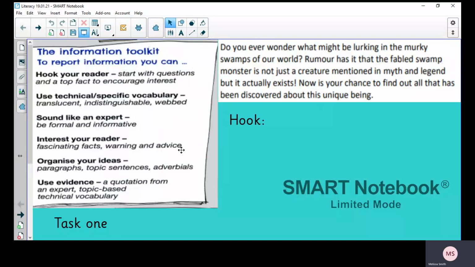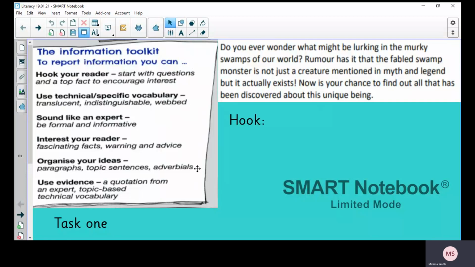The next device is to interest your reader. So we not only want to give them the facts, but we want to do that in a fascinating and interesting way. We are going to give maybe a warning about the monster and some advice. The next device is to organise your ideas.